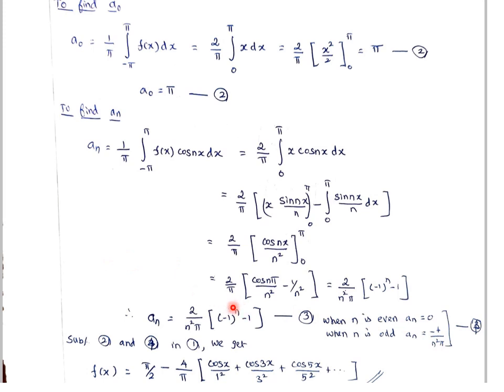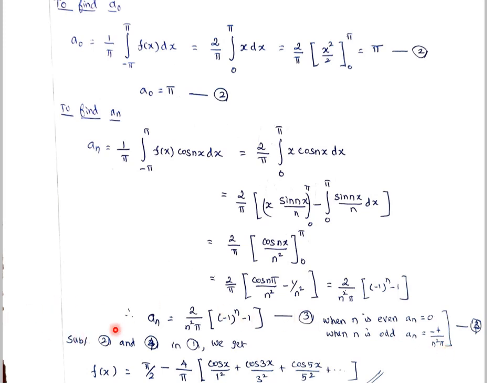If n is an even number, then minus 1 whole to the power of n will become 1, then 1 minus 1 will become 0, therefore totally it will become 0. Therefore, for the even numbers, an is equal to 0, that means a2 equal to 0, a4 0, a6 0 and so on. For odd numbers, a1, a3, a5 and so on, an equal to minus 4 divided by n square pi.